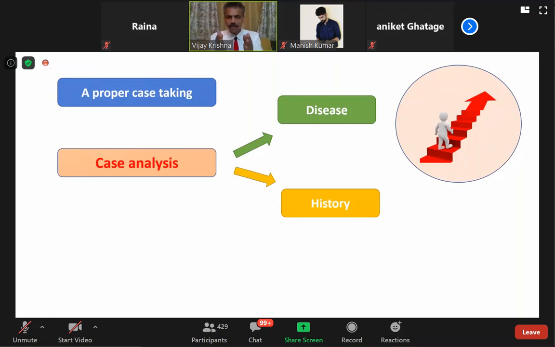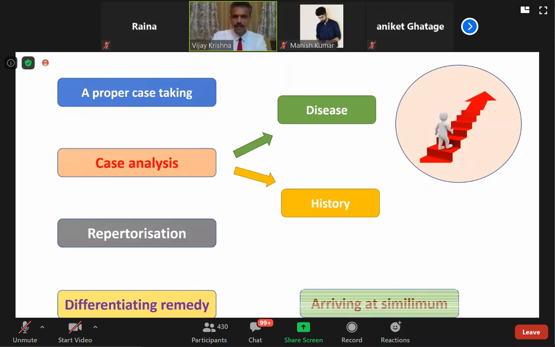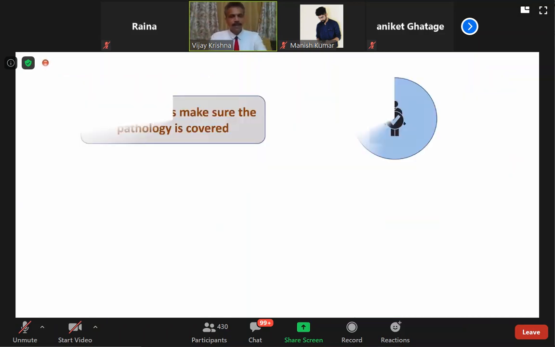Analyzing the patient at the level of disease, at the level of the history, is very, very important. Then consider the proper rubrics, repertorize, differentiate the remedies, and arrive at the simillimum. This is the common case pro forma one needs to follow. And when you are taking a surgical case into consideration, make sure the pathology is covered.